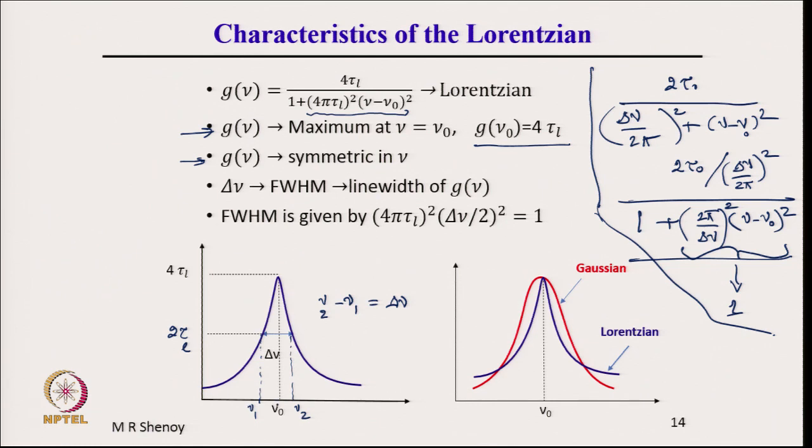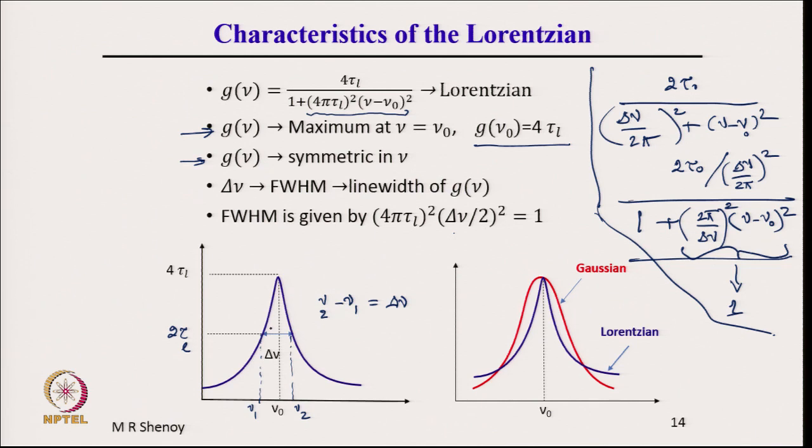Nu 1 minus nu 0 is delta nu by 2, because delta nu is the full width at half maximum. Nu 2 minus nu 1 is delta nu. So, nu 1 minus nu 0 equal to nu 2 minus nu 0 equal to delta nu by 2. That is why it is written like this.